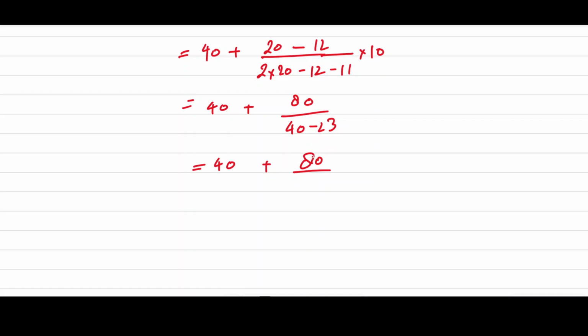After solving we will get 4.7. Now this will be 44.7, this will be the answer. So the mode of the data is 44.7 cars.